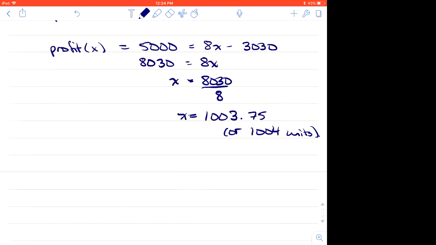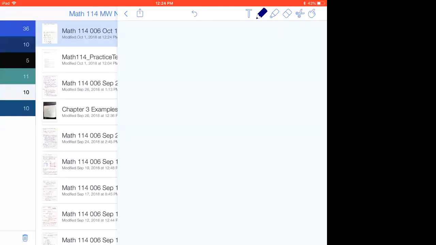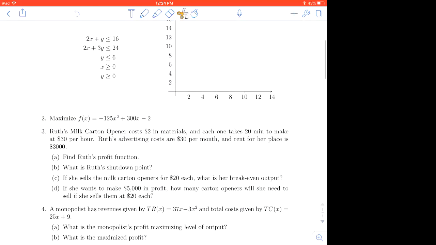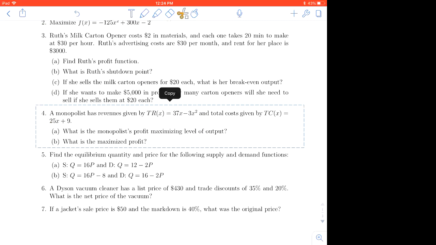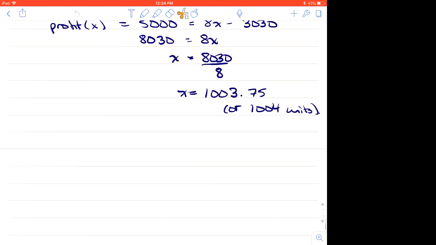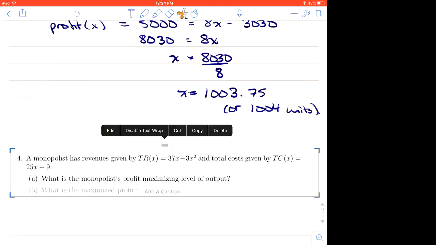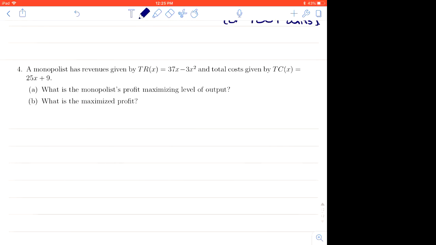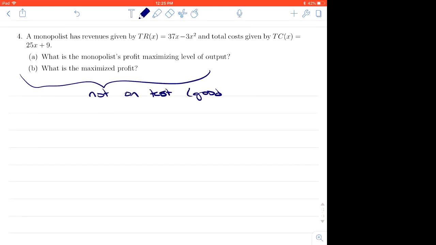Okay. We can do 4 if we want to, but number 4 is not on the test, but good for practice for a question like number 2, right?